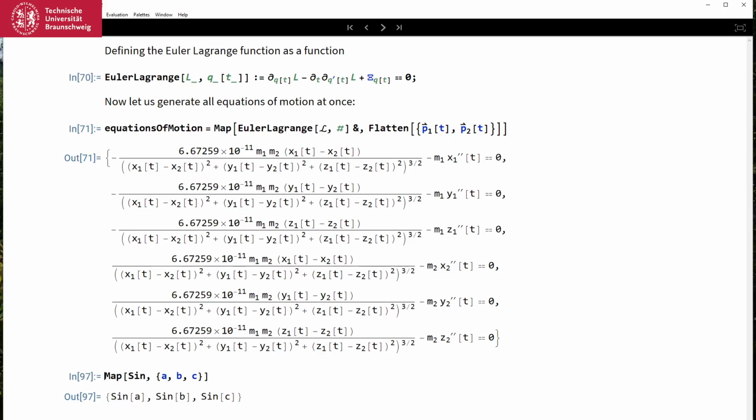Now sometimes I want to apply a function that I define myself, but sometimes I want to apply a function that I don't want to define. It's like a lambda function.